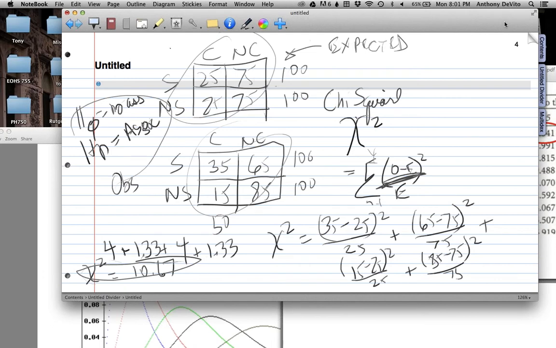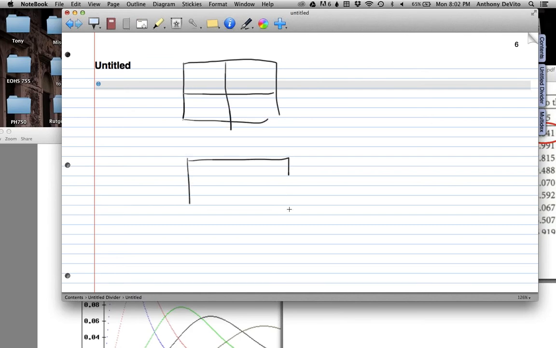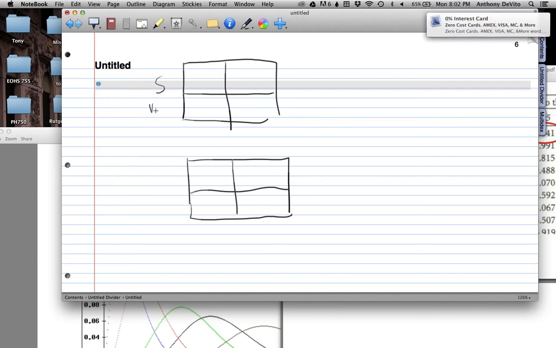Okay, so I'm going to move on now, and use the same table we just created. Smokers, non-smokers, and cough, no cough.